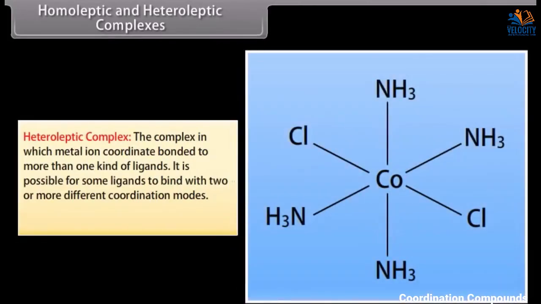Heteroleptic complex: the complex in which the metal ion is coordinate bonded to more than one kind of ligands. It is possible for some ligands to bind with two or more different coordination modes. For example, [CoCl2(NH3)4]+.